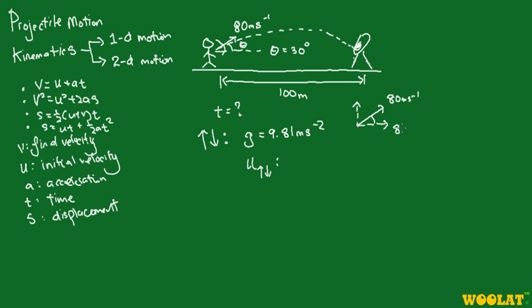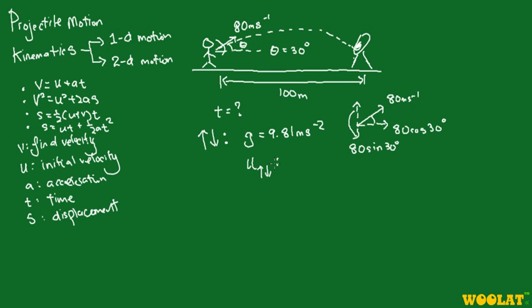So this gives me 80 cosine 30 degrees for the horizontal component, and 80 sine 30 degrees for the vertical component. I hope this is okay for you. This is basic trigonometry, using sine and cosine functions.